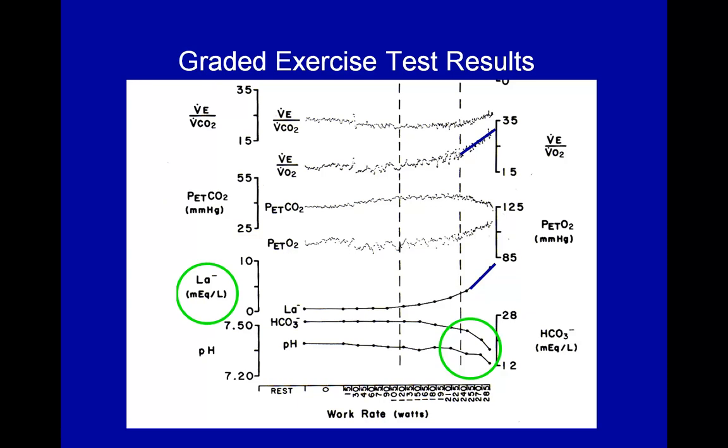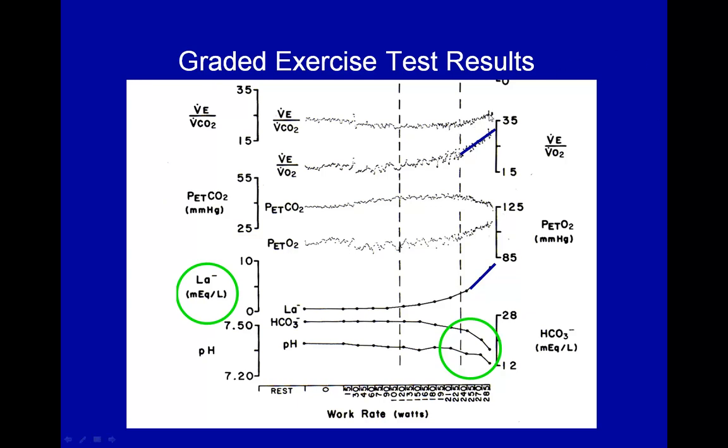That CO2 is being mobilized from bicarbonate back into carbonic acid, which is a volatile acid, which is being blown off. So during this period, we're not only blowing off the CO2 that's currently being produced with exercise, we're also blowing off the CO2 that had been stored as bicarbonate.